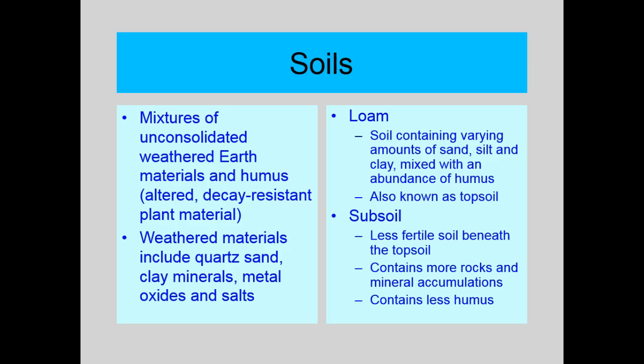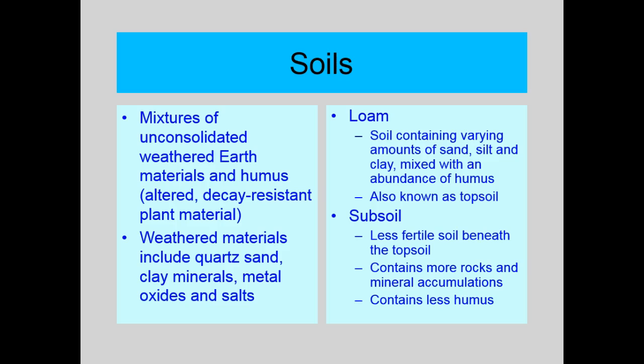Basically, humus is organic, plant material they say here. That means it has carbon in it. Any compound in it has carbon, okay? And carbon will oxidize away to be carbon dioxide, okay? So it isn't completely resistant, but it is somewhat decay resistant. It says plant material, but it's not always plant. Animal byproduct and stuff can be humus as well.